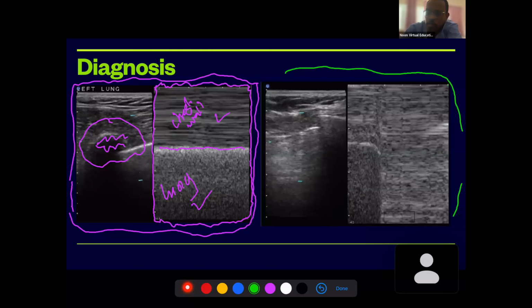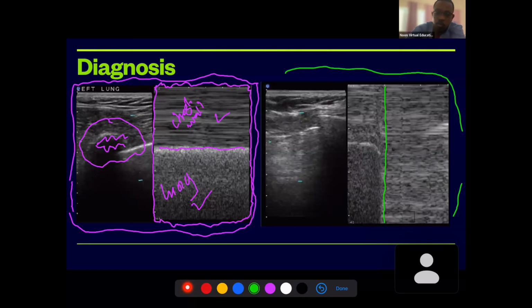Here, this area is the same as a barcode. So no visible lung tissue, no visible chest wall, no visible pleural line. So it is called barcode, and this is definitely one of the findings of pneumothorax in the ultrasound.